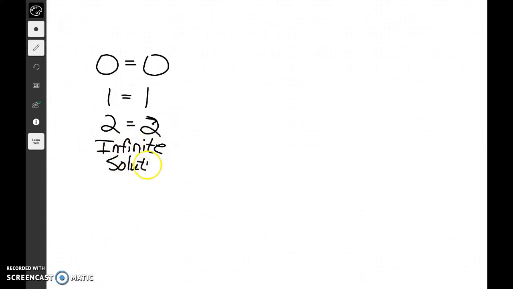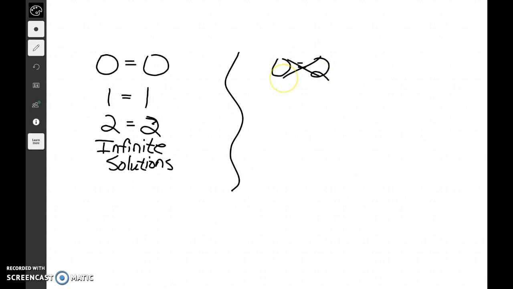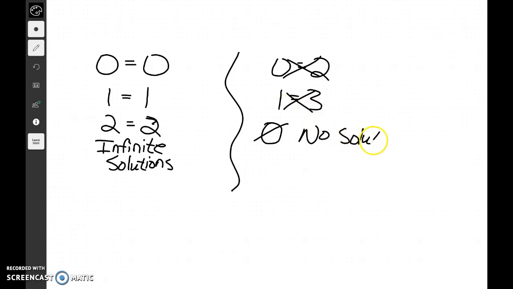Now, if we had answers that weren't true, like 0 equals 2, we know that's not true, or 1 equals 3, we know that's not true. These are examples of no solution. So all I want you to do is make sure that when you're working the problems out today, you keep that in mind as you go.